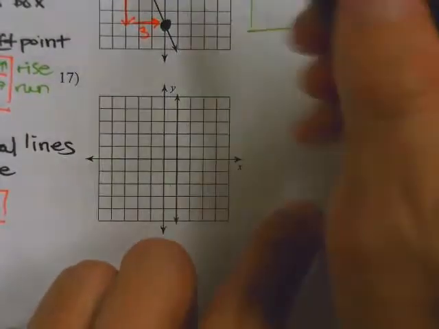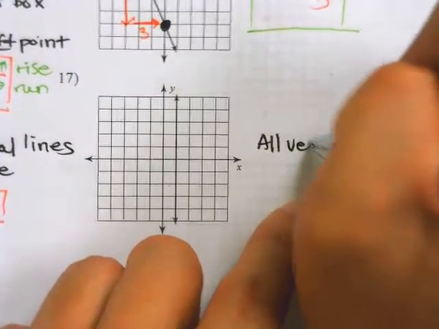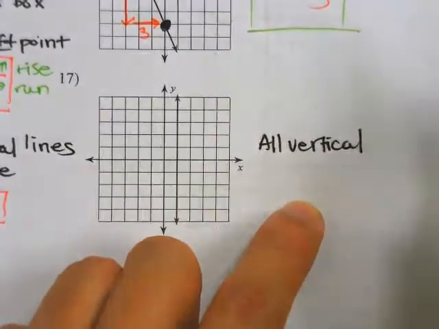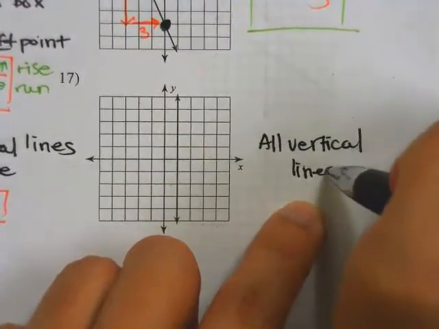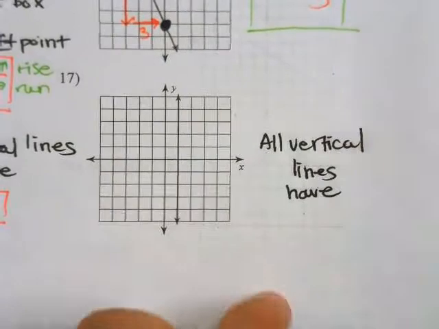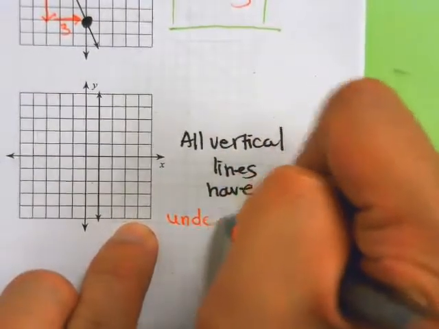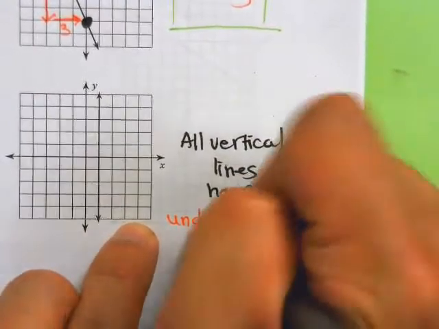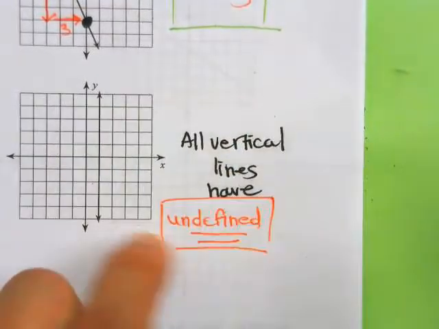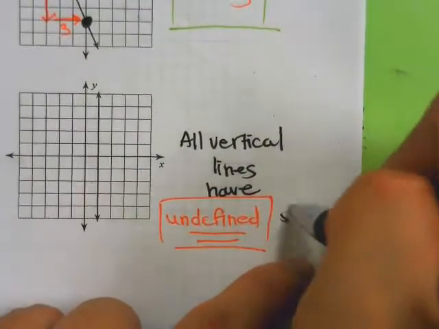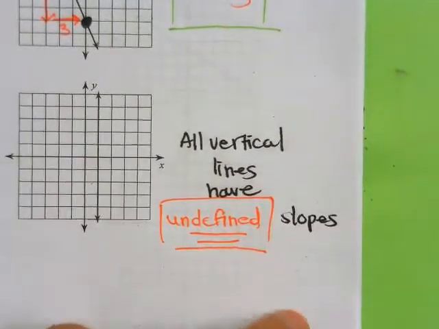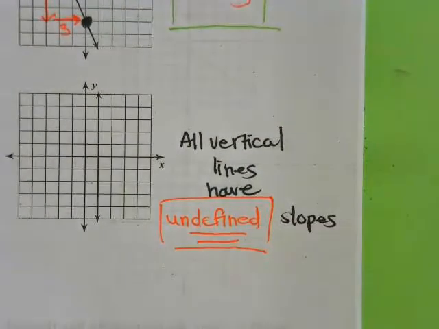Number 17 is the rock wall, and it's a little bit weird. When you see a vertical line, and you want to give it a slope number, we actually cannot.